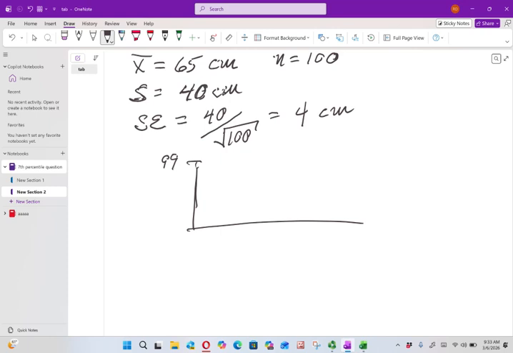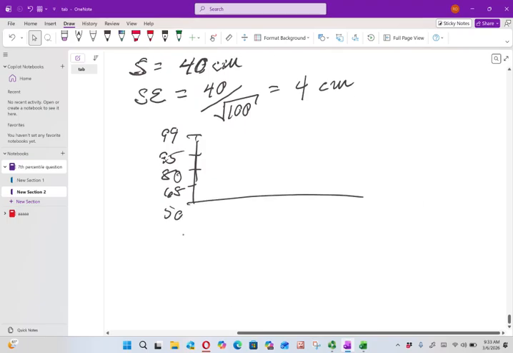There's a 99, a 95, 80, 68, and 50. And on the right-hand side is the z value, basically, or the t value that gives me that confidence interval.